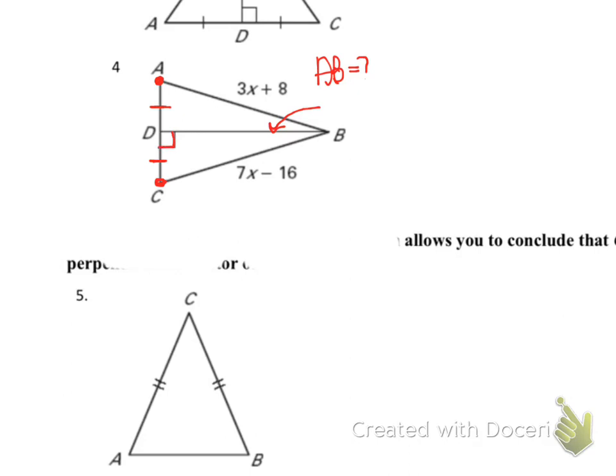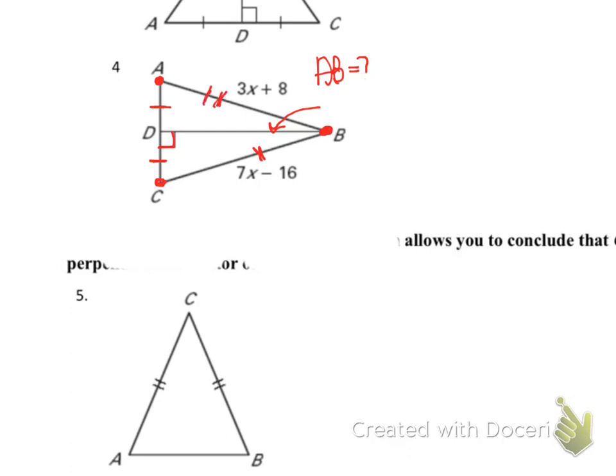So when a line or ray BD came down the triangle and split AC in half, it also created a right angle, and therefore I have a perpendicular bisector. Point B is lying on that perpendicular bisector.